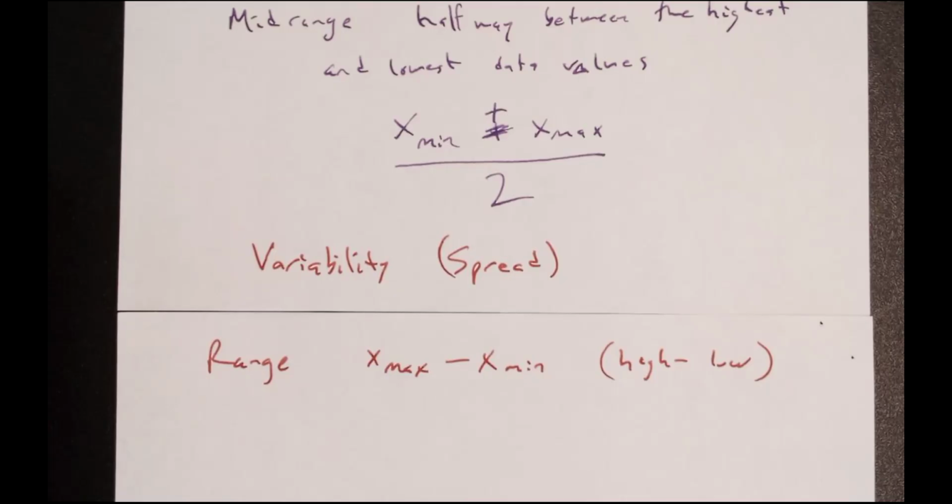Ugh. I get information about spread, but I don't get any sort of target to it. So while it is useful, it is very limited because it really only depends on two values. Phooey. It's a really simple calculation.